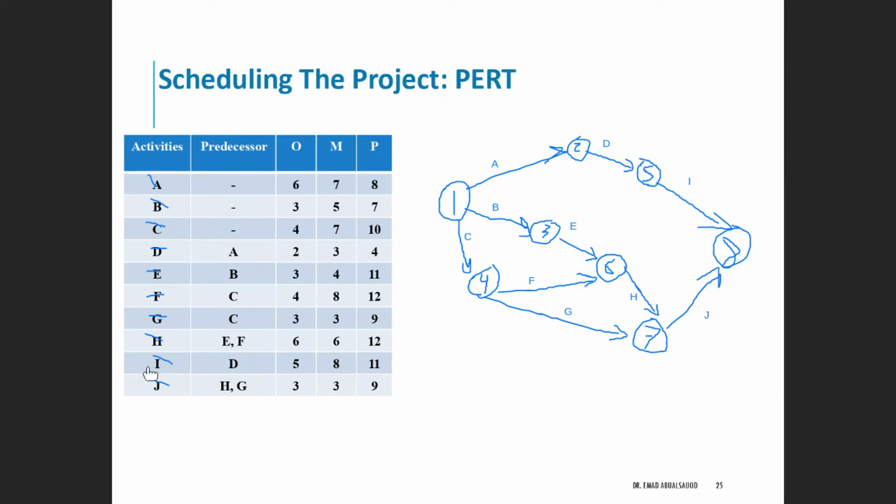Here, I has no activity after it that requires it, which means I is an end point. So I will make sure that the I ends with our last event. This is how you draw the PERT activities.